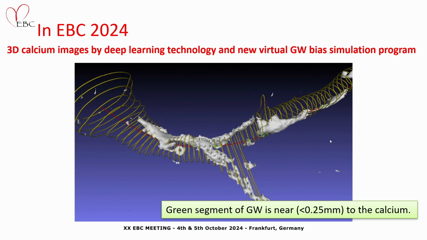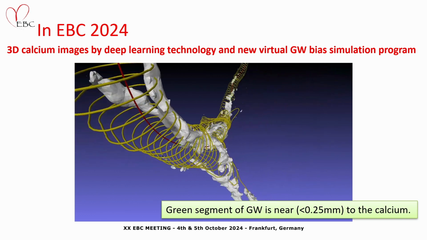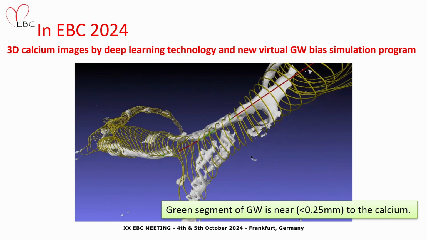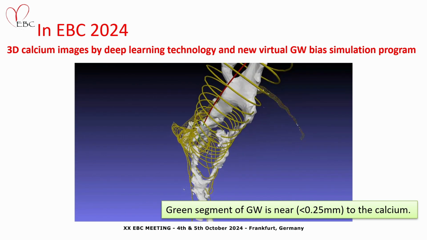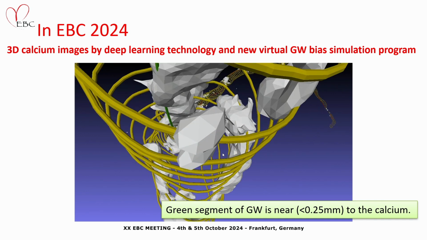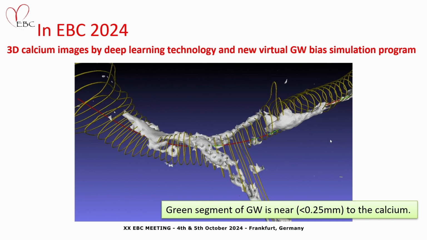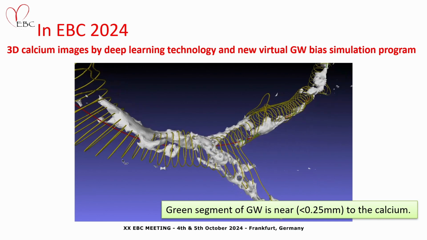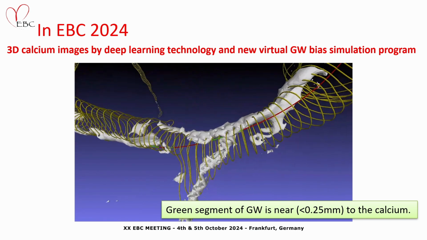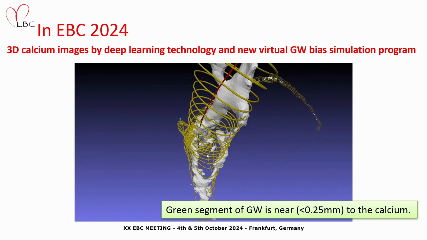This is a 3D calcium image using deep learning technology and a new virtual guide wire bias simulation program. The red and green line is the estimated guide wire bias, and the green segment is a good contact. The red segment means there is no contact with the vessel wall. So it is very easy to understand the guide wire bias.